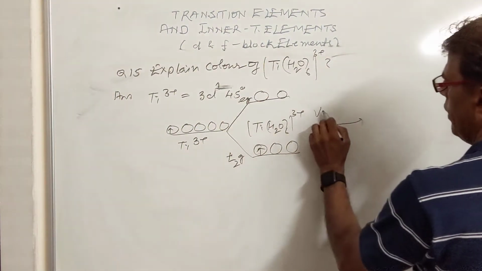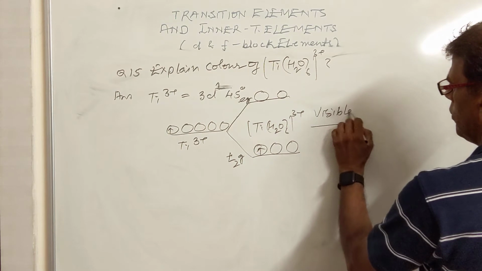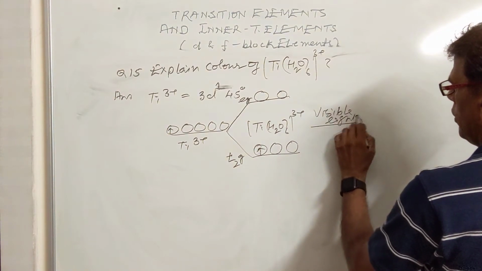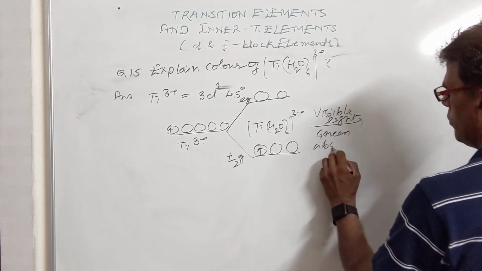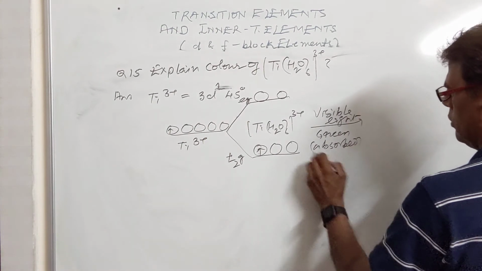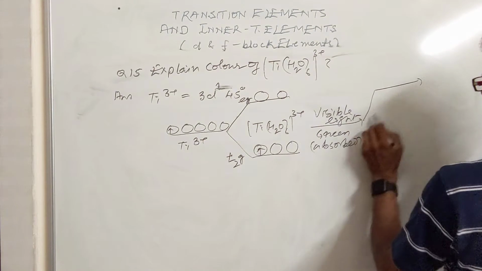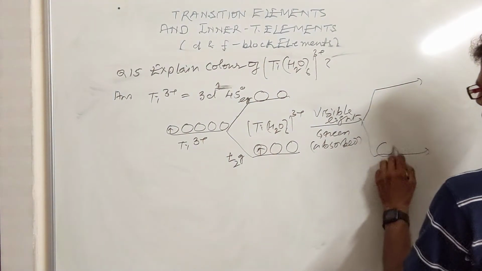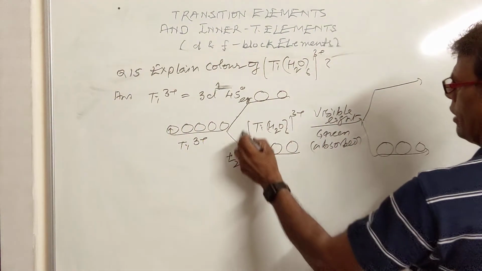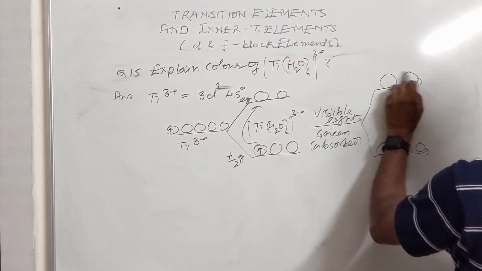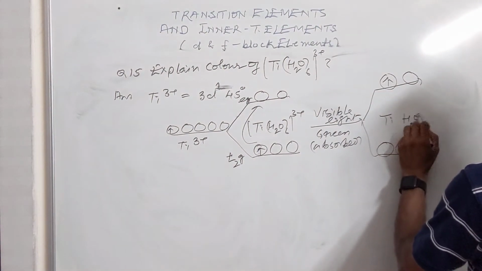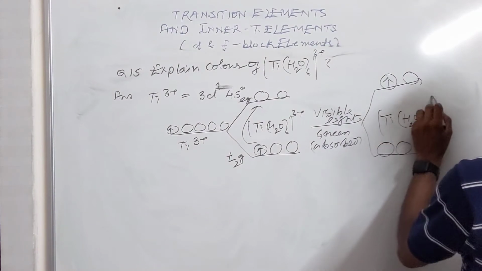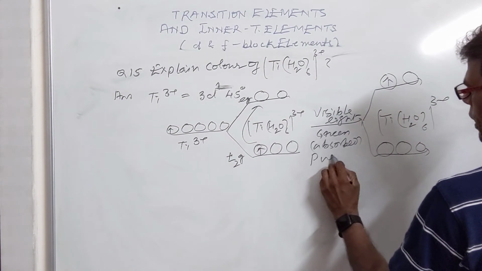When visible light falls on it, it absorbs green color from that light, and the remaining colors become the color of this complex. The electron absorbs light and moves into the higher orbital. Now this complex appears purple, as the remaining color, purple, is reflected.